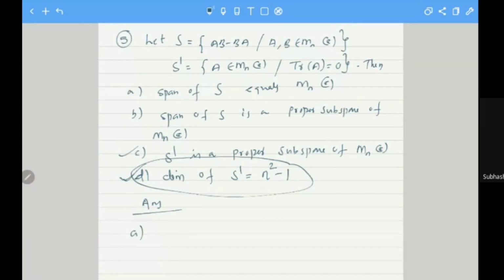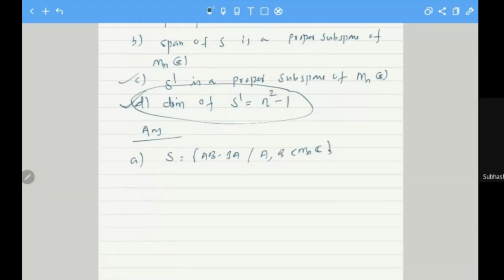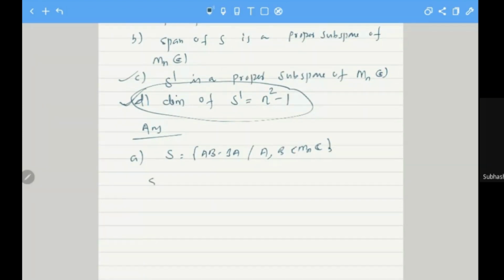So what is S? S is nothing but the set of all AB minus BA, where A comma B are elements of MNC. Now you are spanning this S. Suppose span of S equals full MNC. Then what will happen?